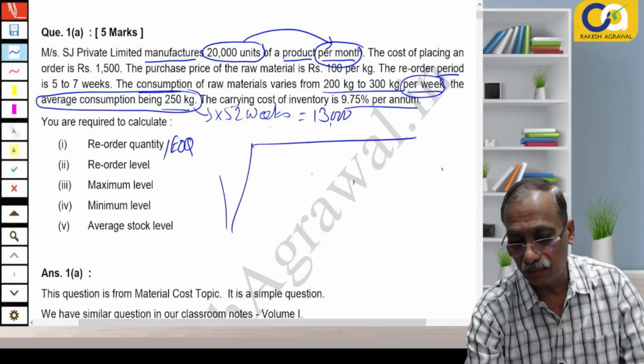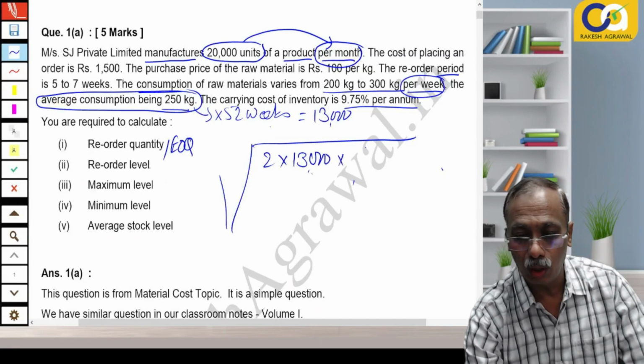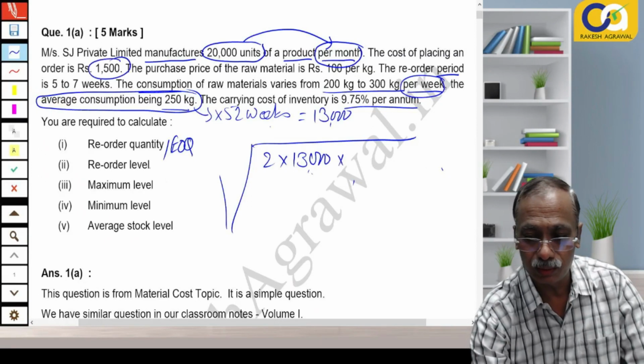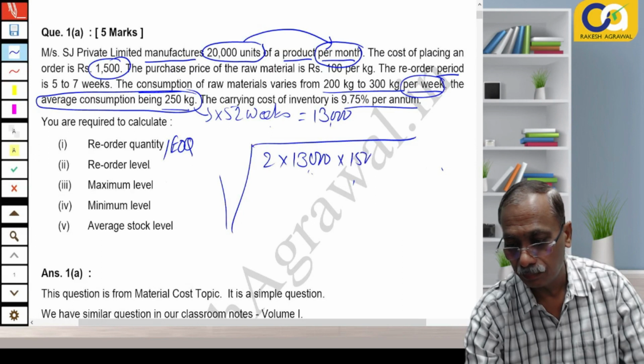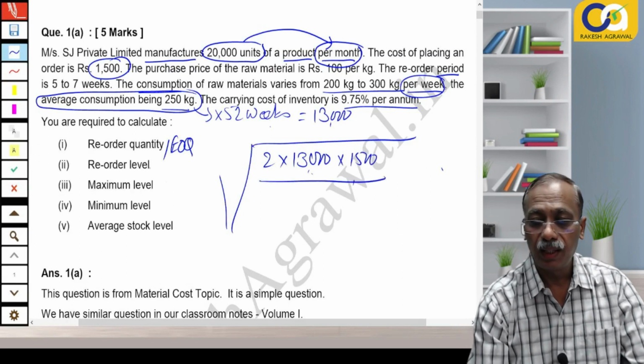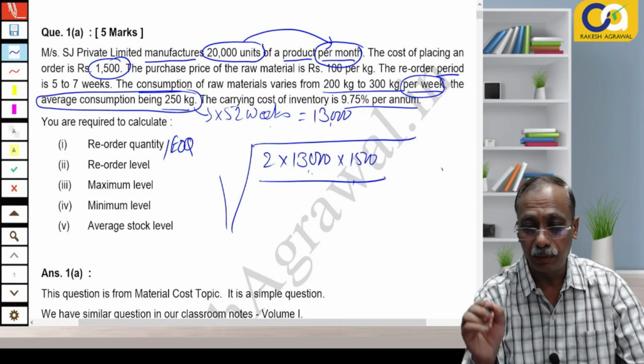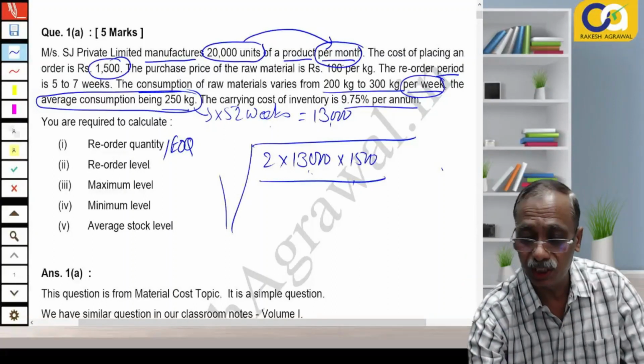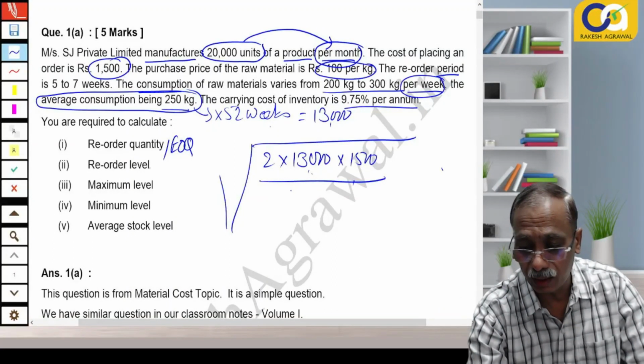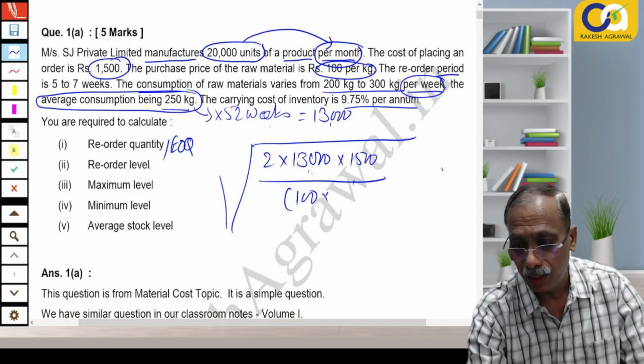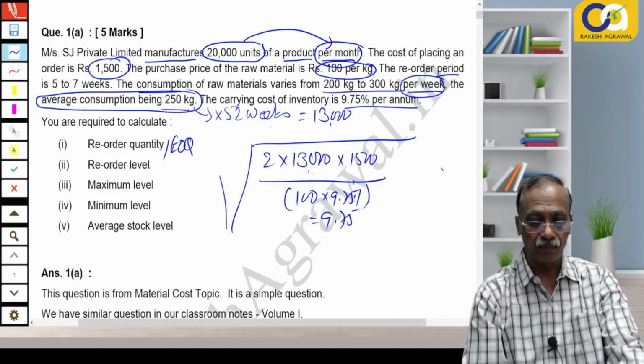So your answer will be 2 into annual consumption 13,000 into ordering cost per order 1,500, divided by carrying cost. Carrying cost is given in percentage, but that percentage is to be multiplied by the purchase price per kg of raw material. Purchase price is 100 into 9.75%, so it will become 9.75. Right?